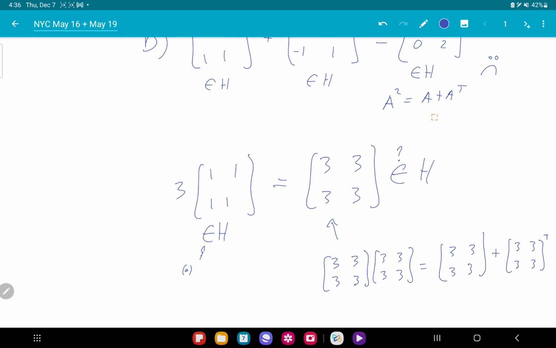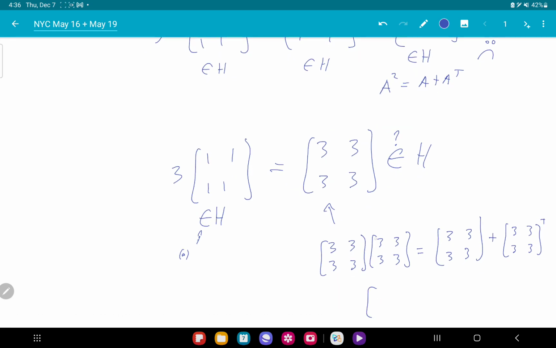So here's my test, A squared is equal to A plus A transpose for this matrix here. Let's see if it works. So if I do the multiplication here, I get 9 plus 9 is 18. Looks like I get 18s all around. And then on the other side, I get 6s all around.